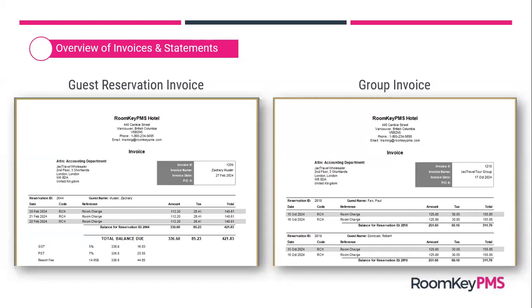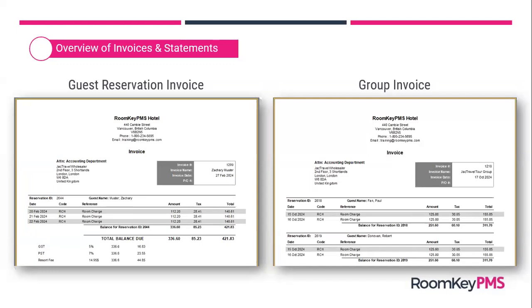We do go into more detail about how to create those types of groups, how to manage the billing or set up the billing routing and things like that in the groups module directly. This is just an example of what that result looks like in the city ledger after the guest has checked out and when you are ready to invoice the company.